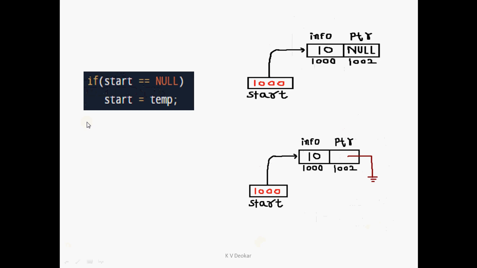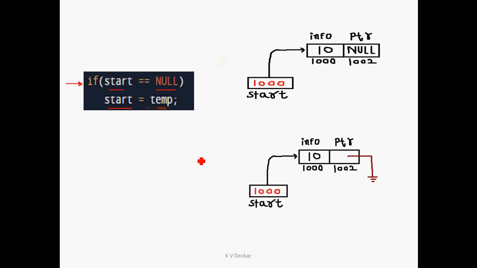Likewise, to create the very first node of the list, we have these two lines of code. We have to check whether start is initialized or whether it is NULL. If start is NULL, nothing is there in the list. So we first check whether start is equal to NULL. If it is NULL, meaning nothing in the list, we initialize start equal to temp.